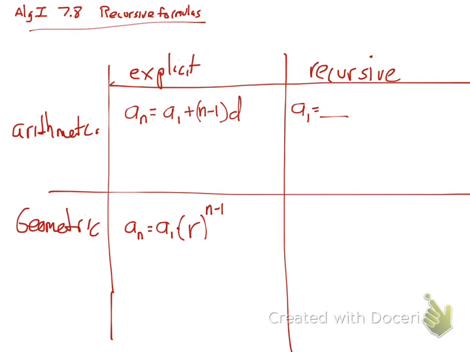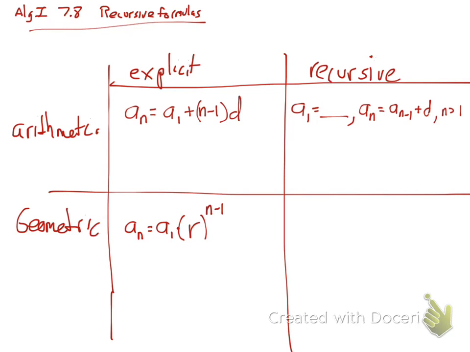So you write a sub 1 equals the first term, you put a comma, and then a sub n equals a sub n minus 1 plus d, where n is greater than 1. Sorry, not equal to, it's just n is greater than 1, because you can't be 1.